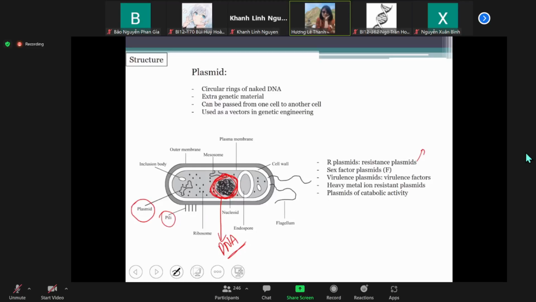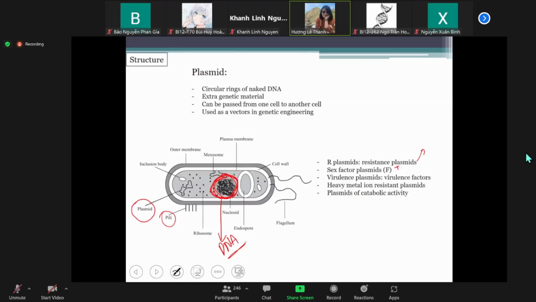And the next one is the F factor plasmid. The cells which possess this plasmid we call F plus. If they have the sex factor plasmid, we call them F plus, and the cells without the sex factor plasmid we call F minus, or recipient cells.